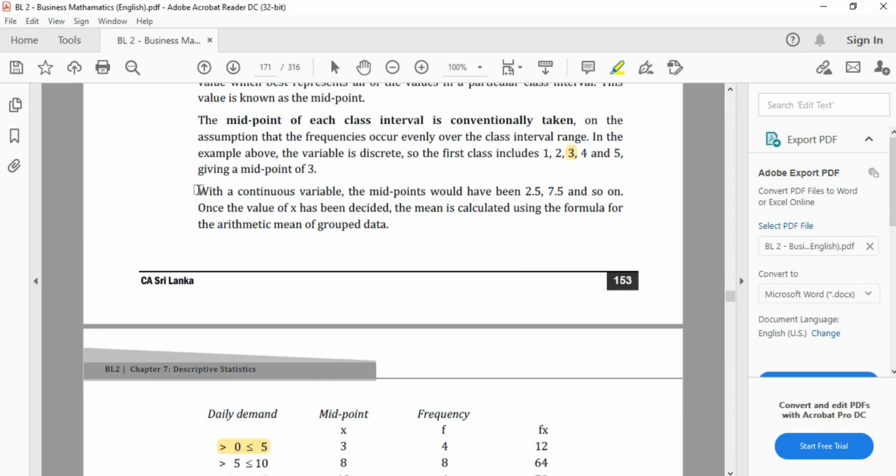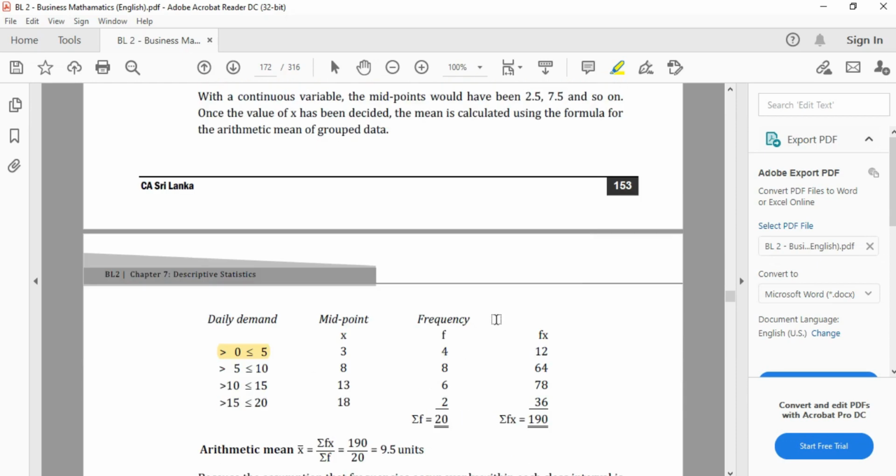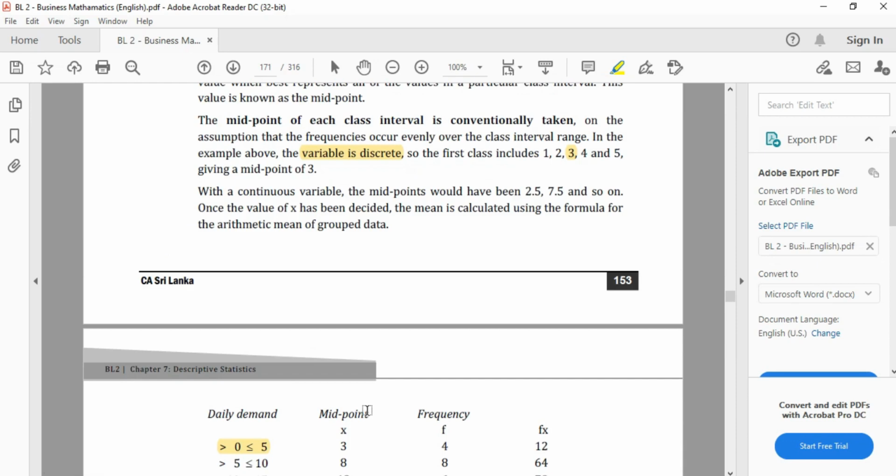Okay, but now this is when your data is discrete. That means it is not continuous, right? Like you remember the one that we did with 700 to 799, and then the next one is 800 to 899. Such classes are discrete classes.